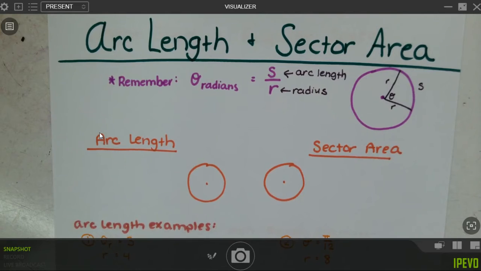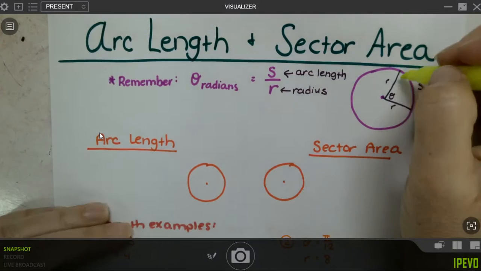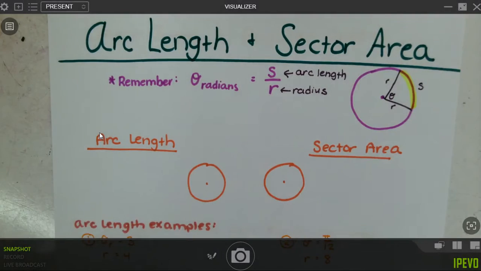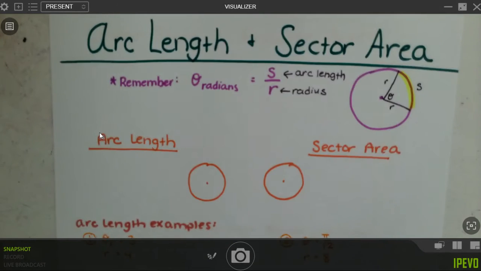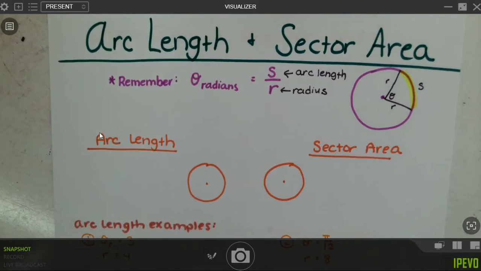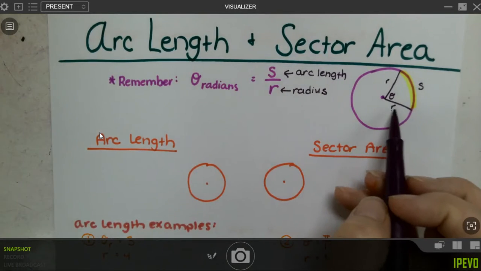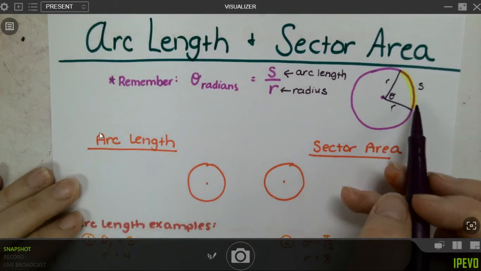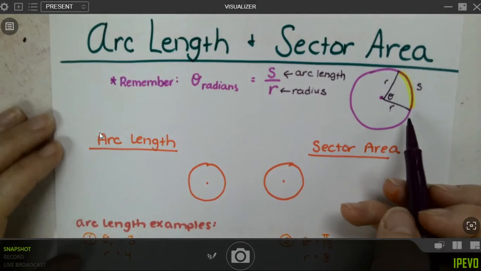I'm going to go ahead and highlight the arc because we're just talking about that piece. You may also remember that 1 radian is when the arc length and the radius are the same. That's 1 radian. So if the radius was 12 and the arc length was 12, then it would be 1 radian.